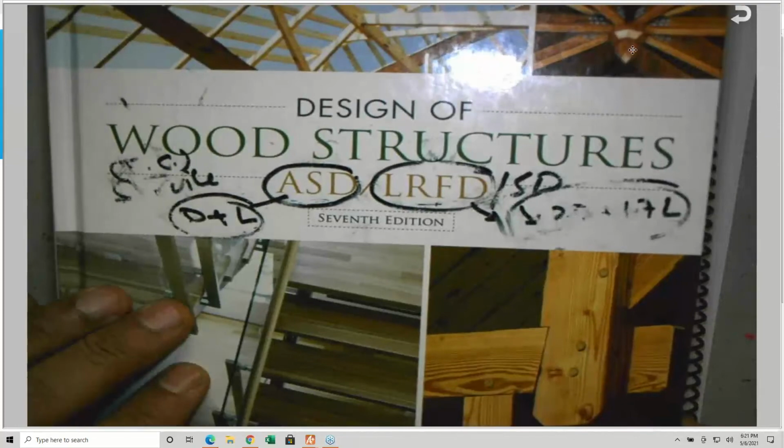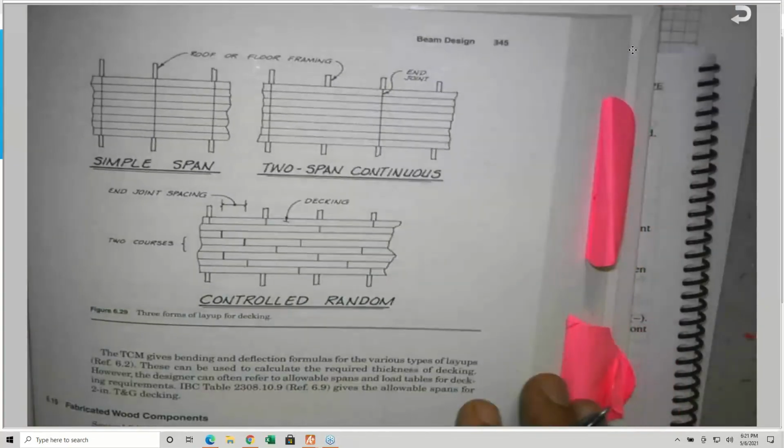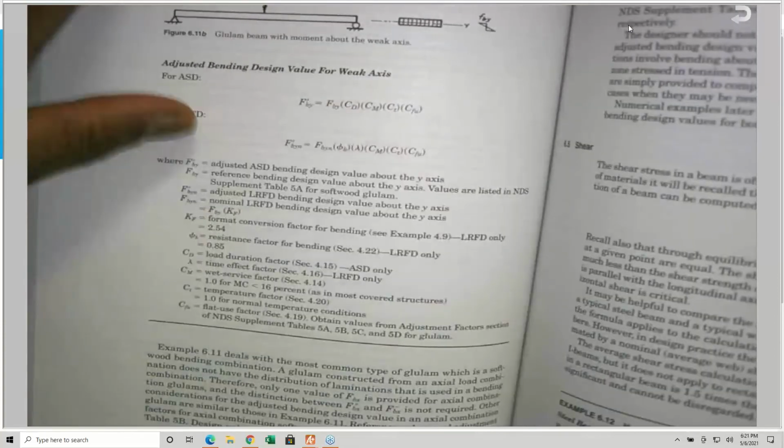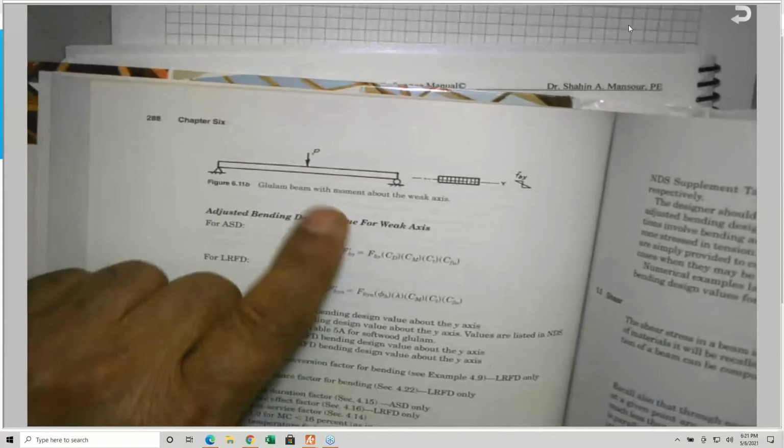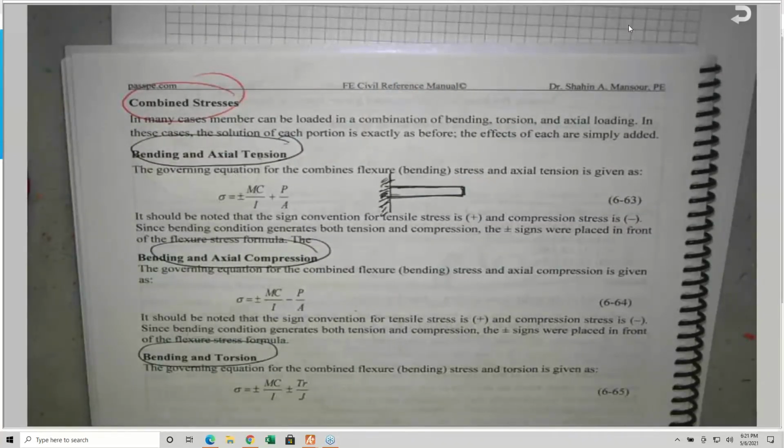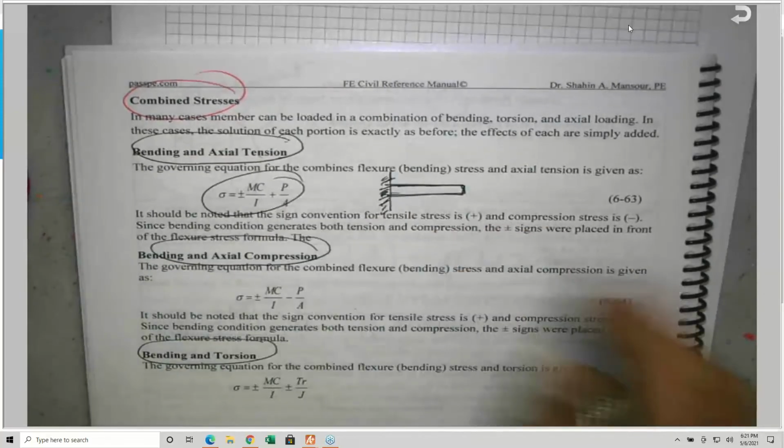For wood design, there are some members that have combined bending and combined compression. All of this you will learn, because it's very, very important to know. The beams are not necessarily subjected to only one type of stress, but could be subjected to both. So the combined stresses are very, very important in design.